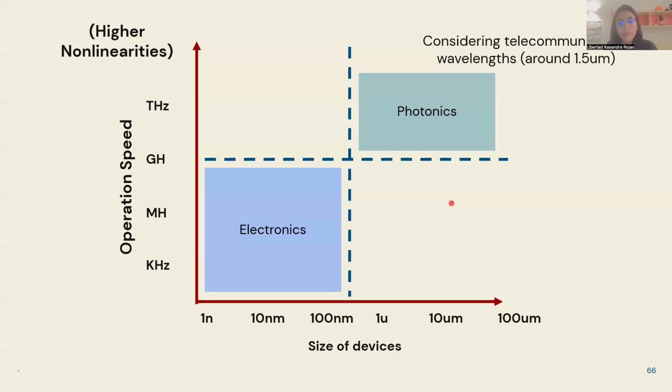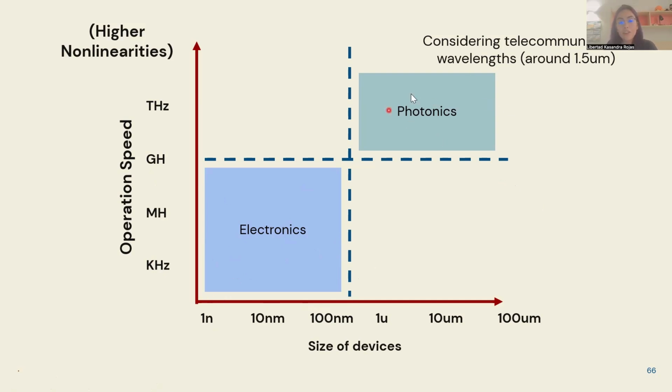Okay, so if we plot where photonics and electronics stand in regards to operational speed and the size of your device, so how compact you can make it, electronics would be here. It has slower operational speed, but it allows you to make things at a tens of nanometer scale, okay?